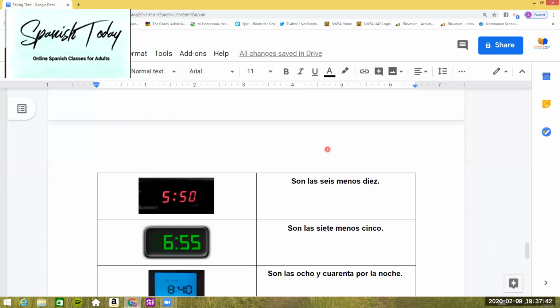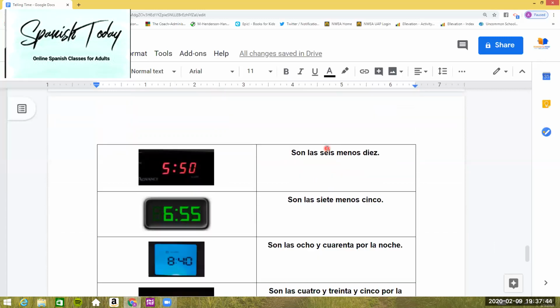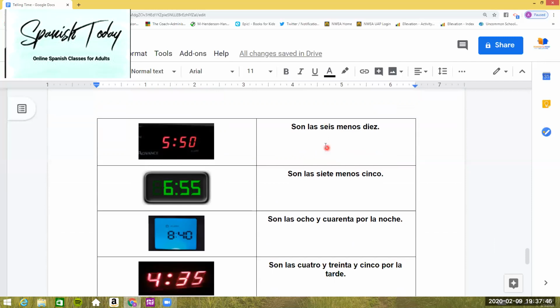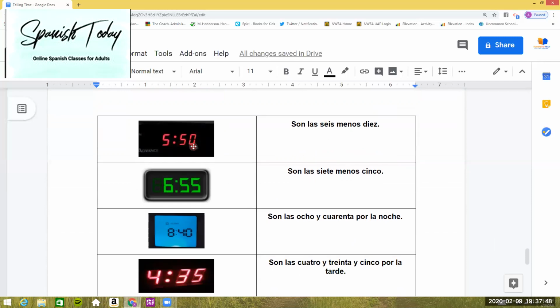Okay, this is with those times that are not on the half hour or the quarter hour. Okay, so let's try 5:50. Now, here is the thing. Anytime it is anywhere between 45 minutes to 59 minutes after the hour, so like 10:45 to 10:59, you'll always say minus those minutes.